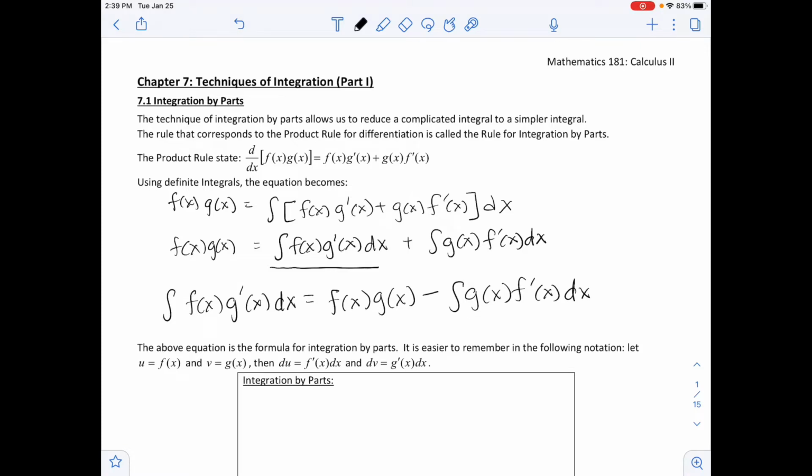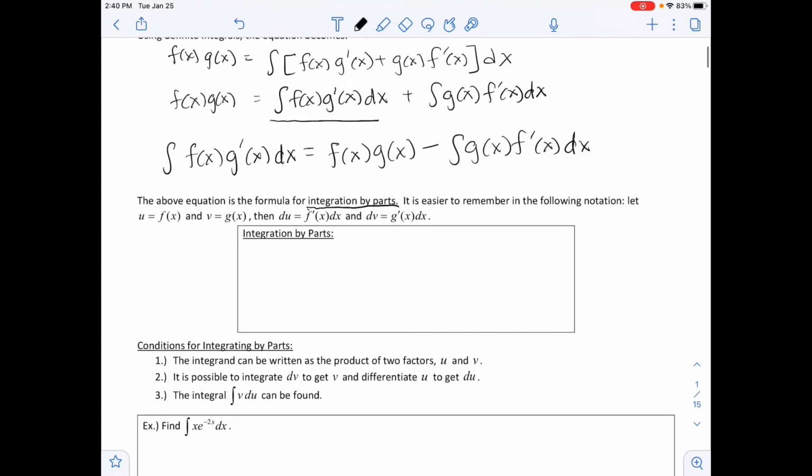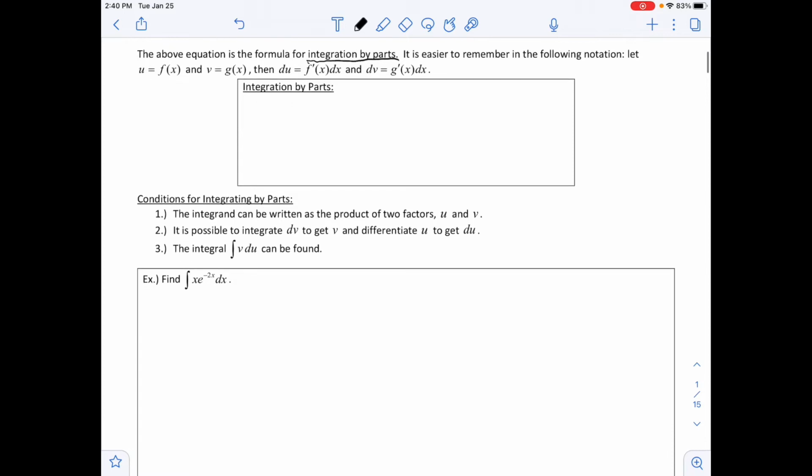The above equation is the formula for integration by parts, which is what we're talking about in this section. It is easier to remember in the following notation. We let u equal f(x) and v equal g(x). Then du is the derivative of f dx, and dv is the derivative of g dx.